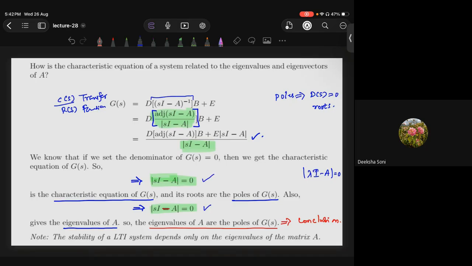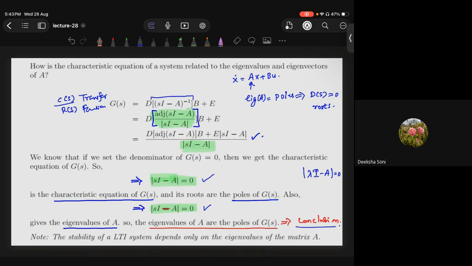It means that the poles are nothing but the eigenvalues of matrix A. That is our conclusion. If x dot is equal to A x plus B u is given to us, the poles are simply the eigenvalues of matrix A.